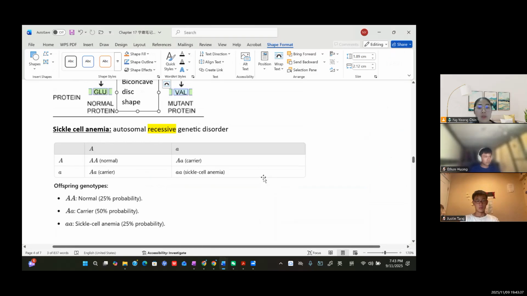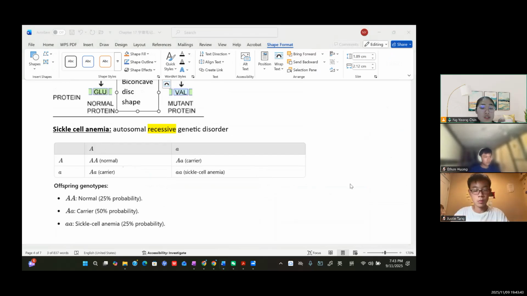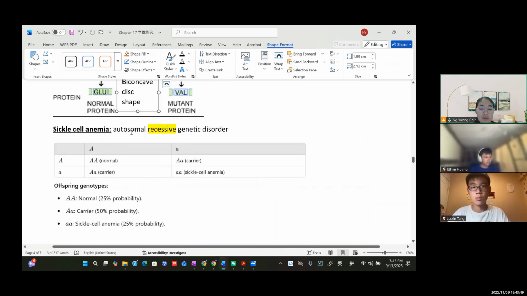Okay, and then this shows you that sickle cell anemia is actually a type of autosomal recessive genetic disorder. Okay, because of what? Because it is an autosomal disease. What's meant by autosomal? Autosomal refers to your somatic body cells undergoing mutations, so we call it autosomal.